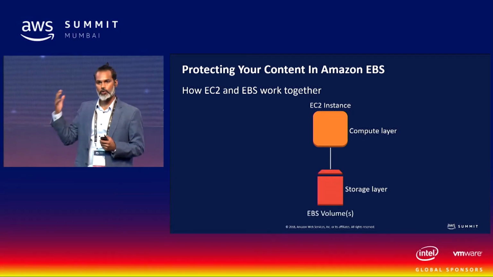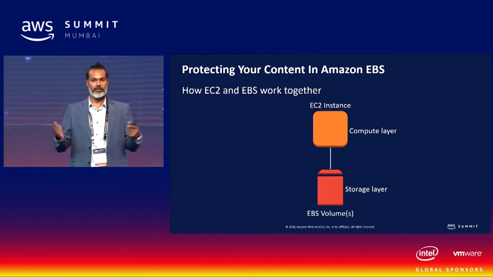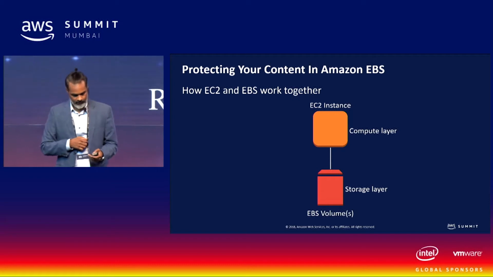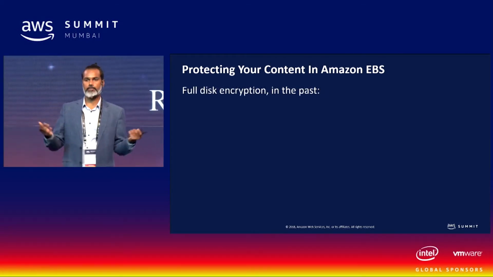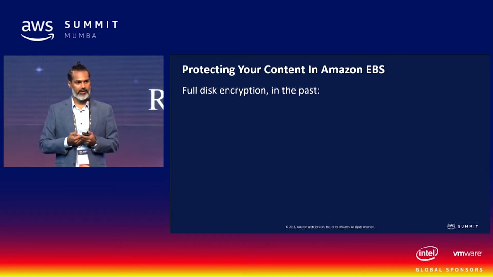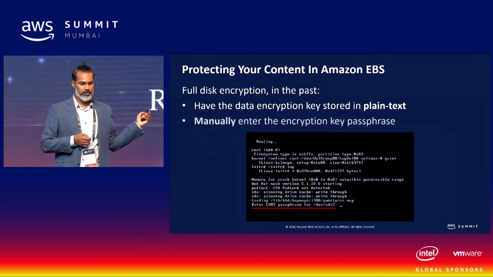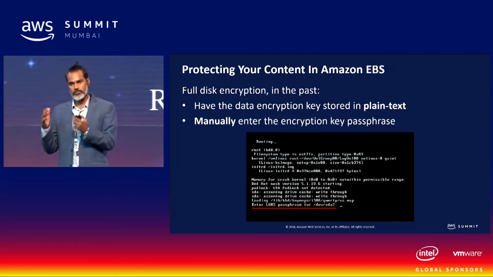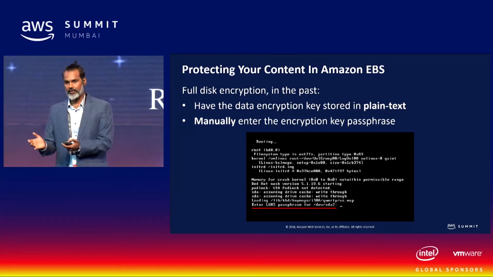That means you mount the disk to the server where a file system is written based on Linux or Windows. How do you do encryption? In the past, you had to supply the plain text key and encrypt the entire volume. The process was painful. You had to enter the passphrase manually. Do we recommend doing this? No, we don't recommend this.